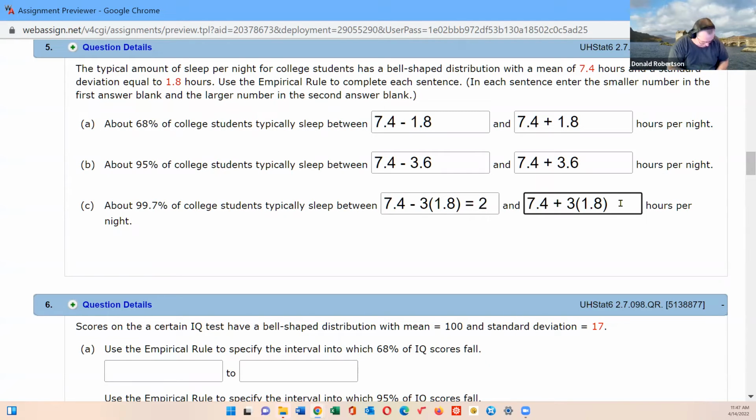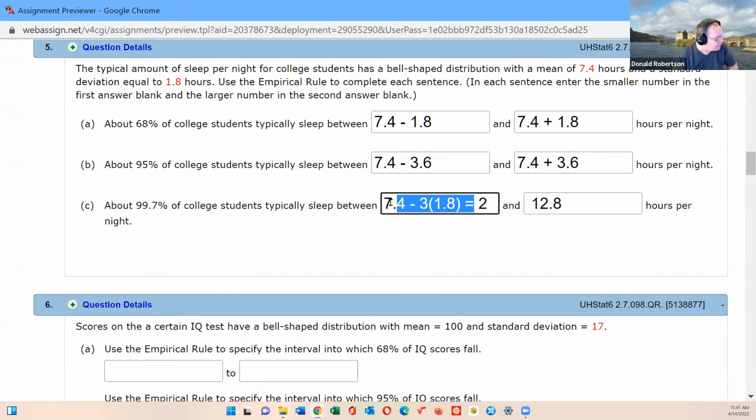And on the other side, it's 7.4, add 3 times 1.8, and that ends up being 12.8. Let's take the calculations out of the way because they're a distraction now. That's quite a big range, isn't it?